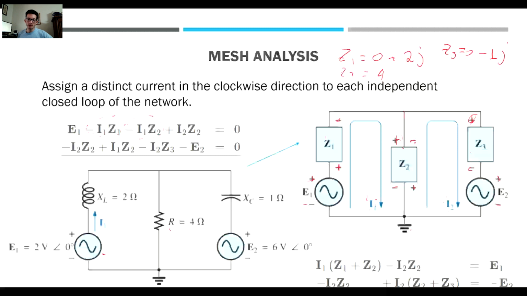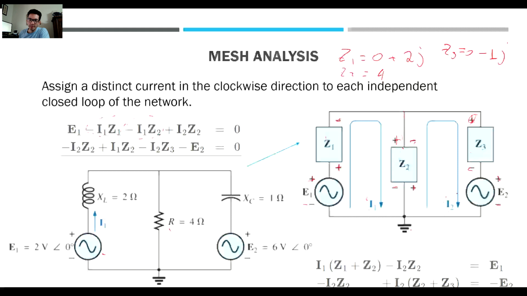For I1, the sign is going to be going negative, positive, because now we're talking about I1 contributing to Z2, and then Z2 with contribution of I1, right?